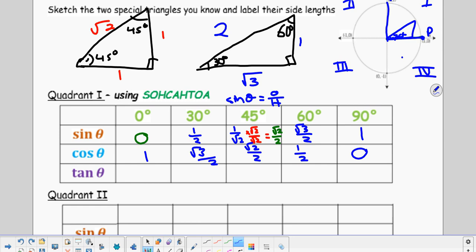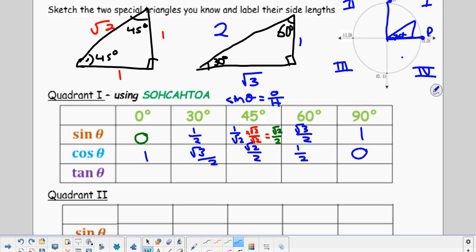It's got a height of 1, so its y coordinate would be 1, and its x coordinate would be 0. Cos theta is the x coordinate as you spin it around, and sine theta is the y coordinate of each point as it moves.